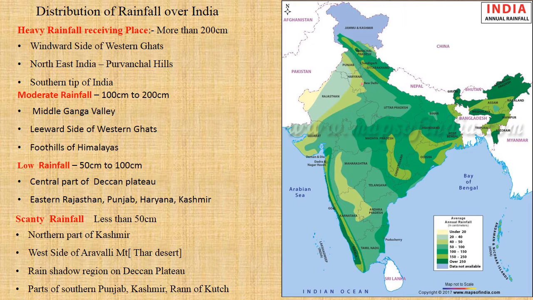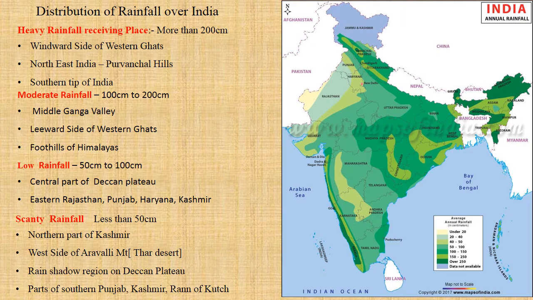Now let's go to moderate rainfall. Moderate rainfall falls into 100 to 200 centimeters. If you look at the key, the rainfall of 100 to 200 centimeters is shown in light green color. We can see that color in Maharashtra, Telangana, Andhra, a major part of Karnataka, Tamil Nadu, and some parts of Uttar Pradesh and Madhya Pradesh.